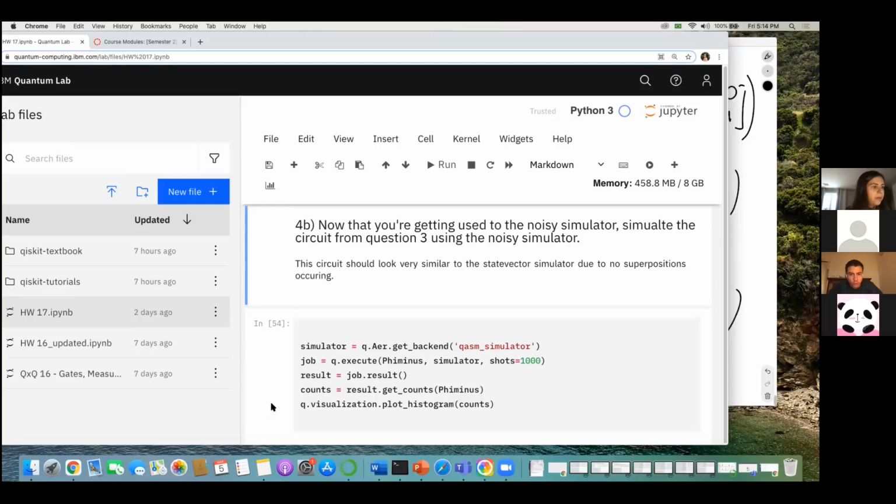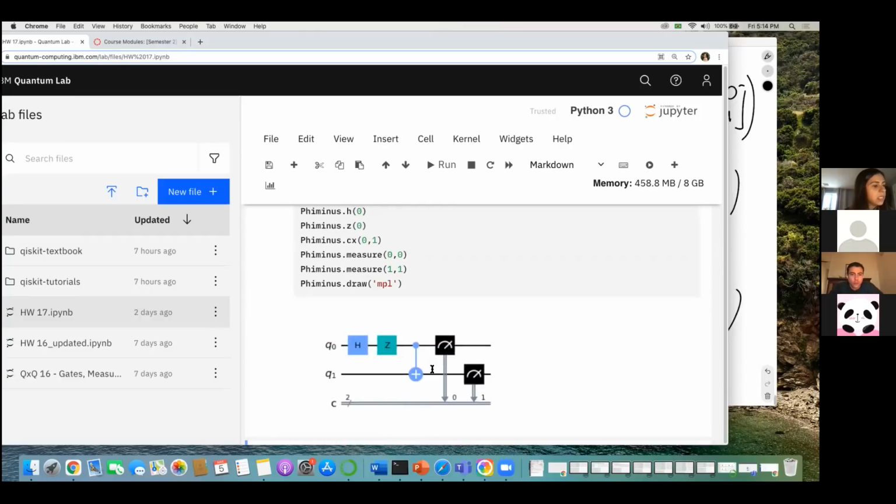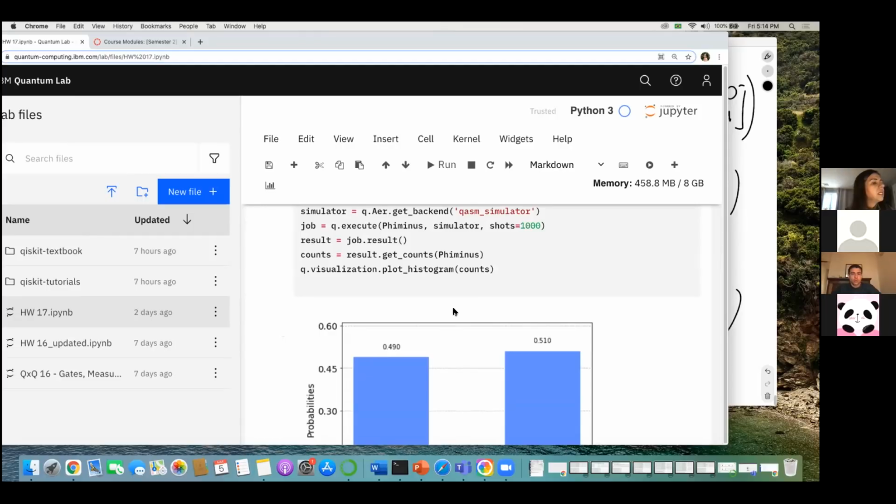Define a job, I define the result, and I define the counts. And now the vector I want here is the phi minus that I already have here. And then when we press Shift Enter, whenever I press it, I have little noise that changes the result. And that's how the QxQ simulator works.